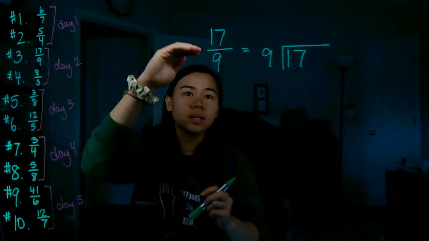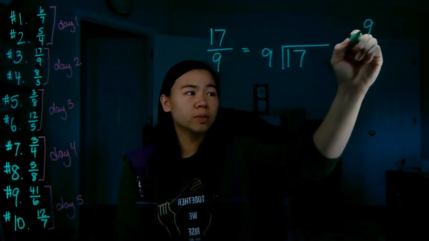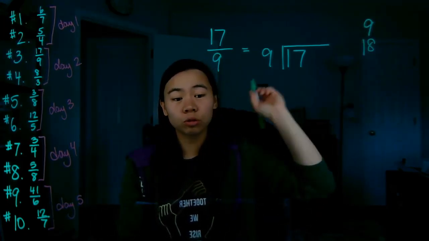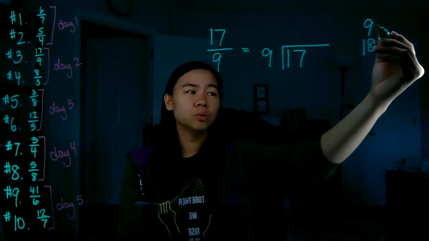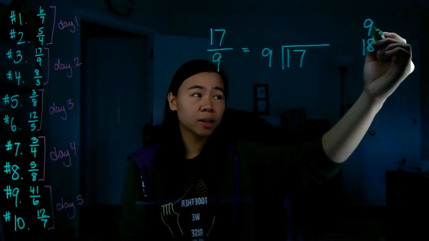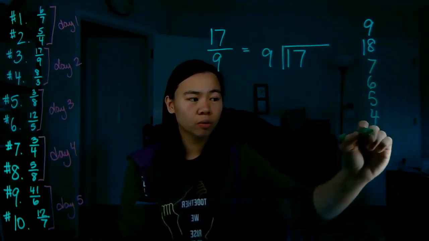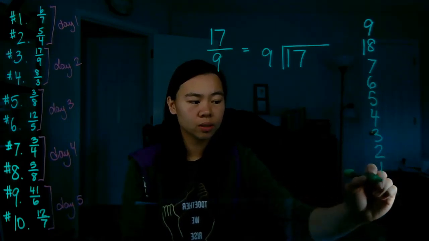Okay, so now 17 divided by 9, we are dividing by 9, so we're going to list our multiples of 9. Here's your little trick for 9s. Remember, here's a little pattern. We're going to count down 9, 8, 7, 6, 5, 4, 3, 2, 1, 0.